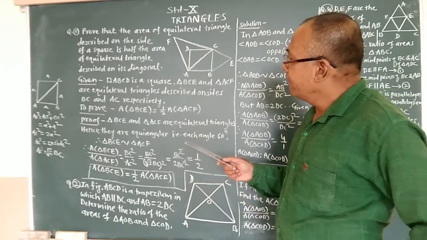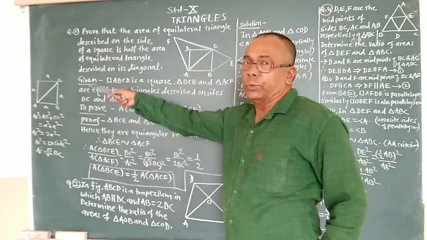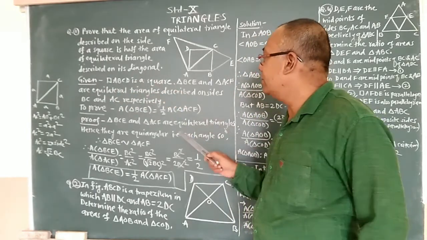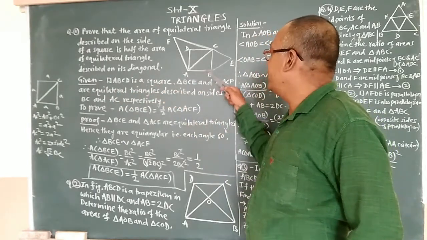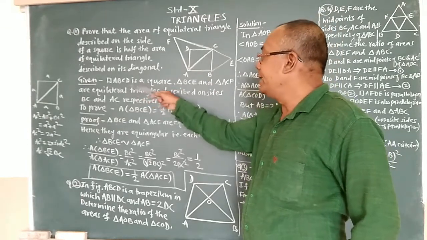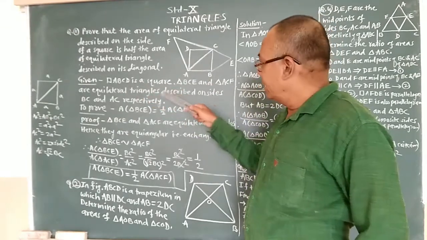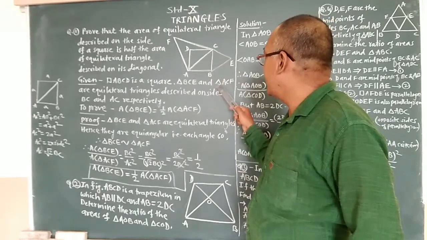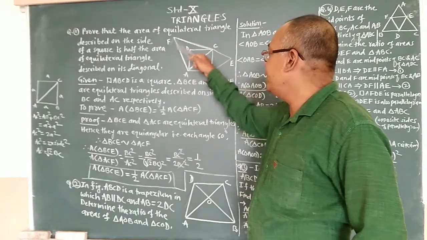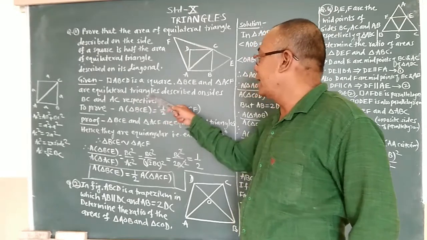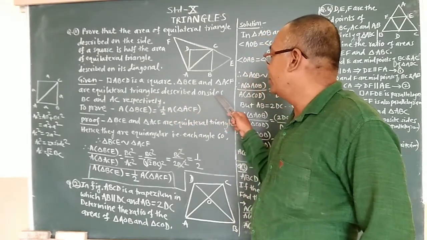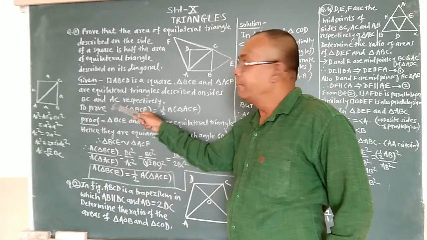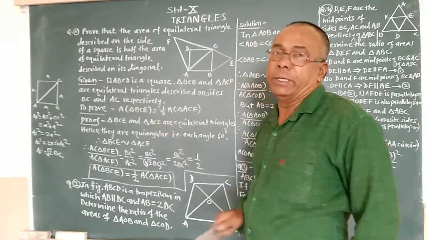Now here we first have to write the given, means the information of the figure. Here quadrilateral ABCD is a square, and triangle BCE and triangle ACF are equilateral triangles described on side BC and diagonal AC respectively.